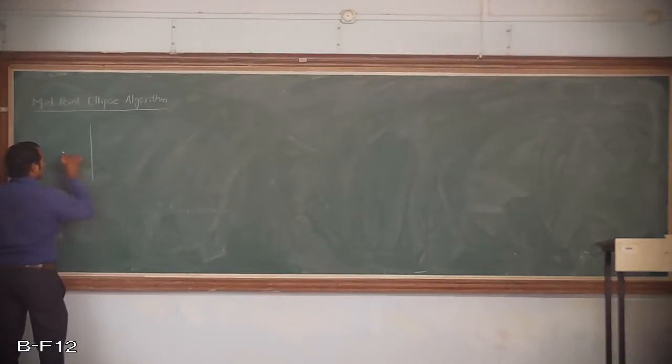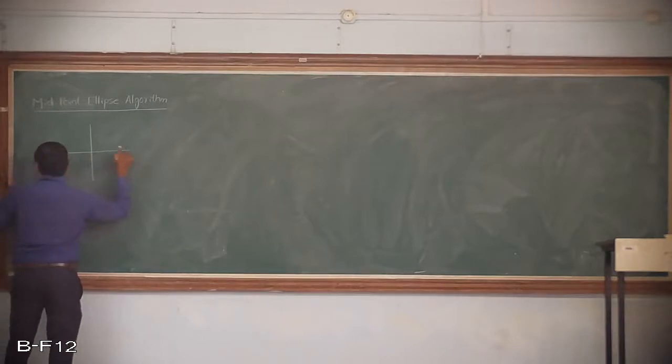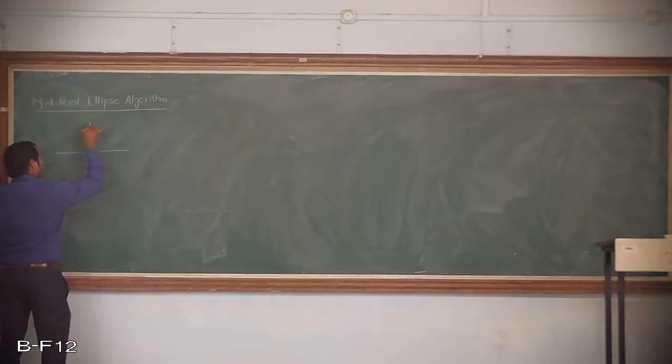So let us consider an ellipse on the x-y axis. An ellipse is a modified form of a circle.